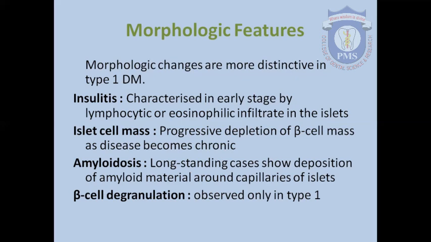Amyloidosis. Long-standing cases show deposition of amyloid material around capillaries of islets. Beta cell degranulation observed only in type 1.